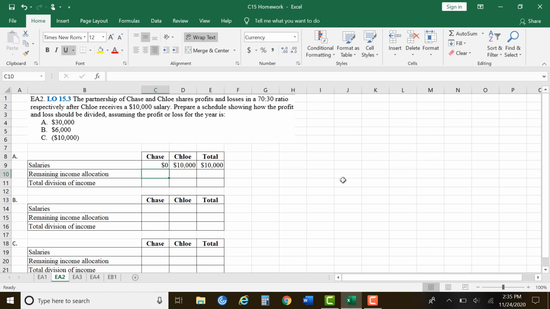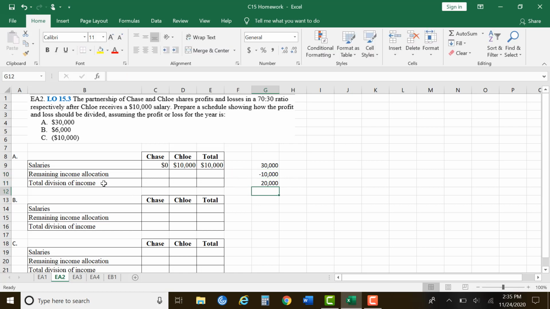So we've got $30,000 in income. We just paid out $10,000 of it. So minus $10,000, we have $20,000 left.